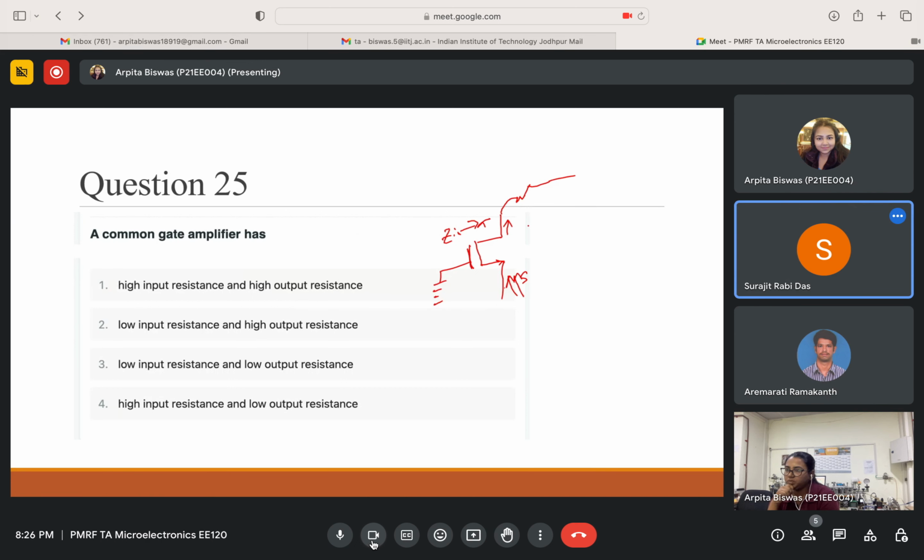Yes, and its value is definitely some finite value. So low input resistance, and high output impedance. Yes, option 2 is the right answer.